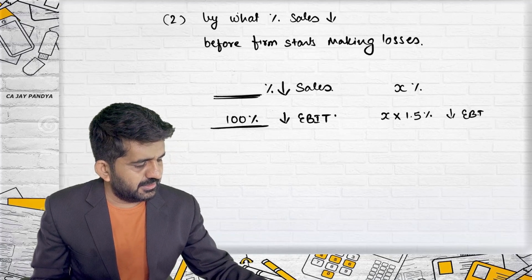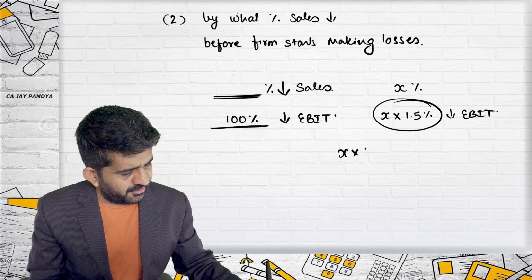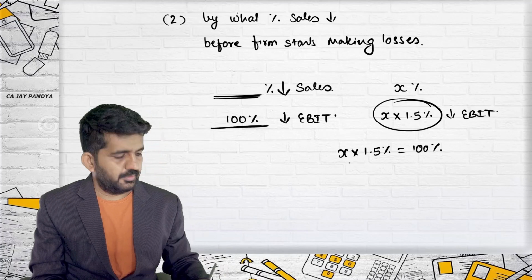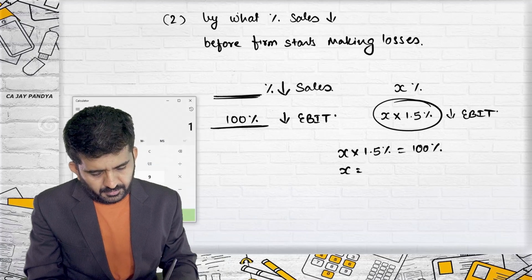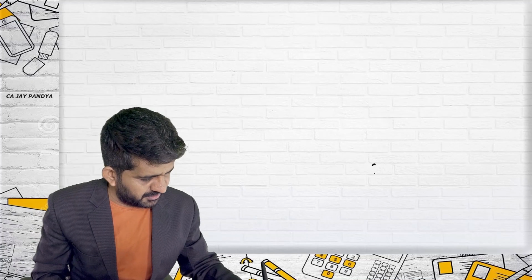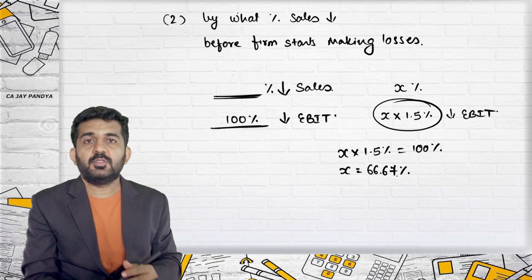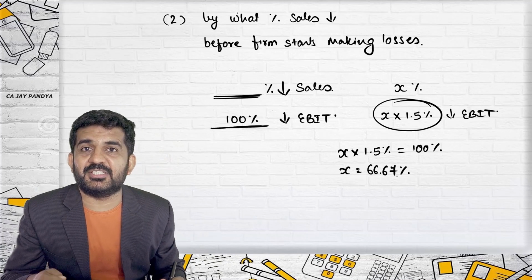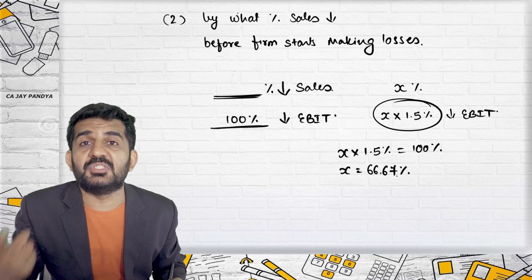I want this as 100%. So X is equal to 100 divided by 1.5. That is 66.67. If the sales decreases by 66.67%, then EBIT will become 0.